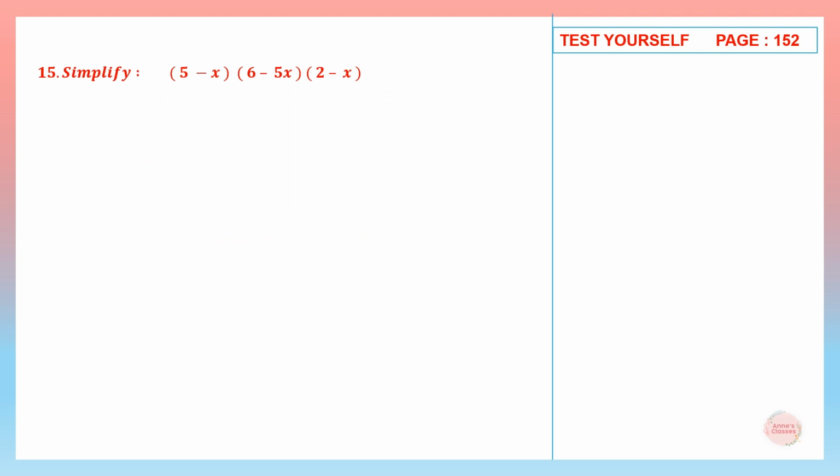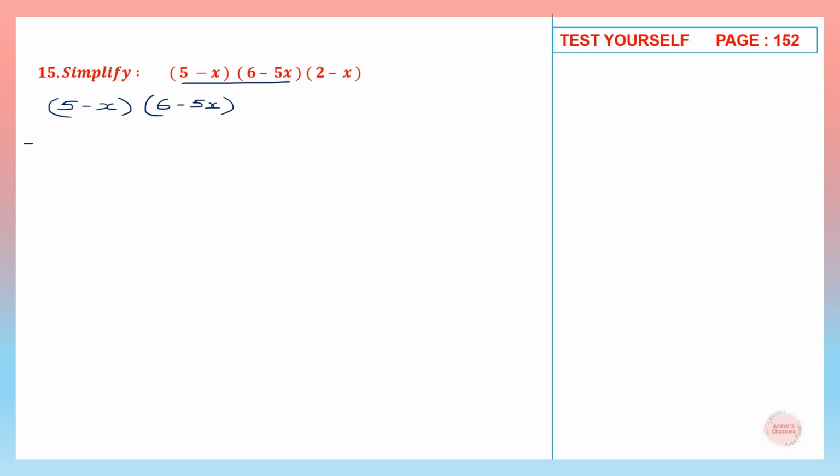Question 15. So here in question 15, we multiply the first two binomials, and with that answer we multiply the third one. So let's begin by multiplying these two. So that is (5 minus x) into (6 minus 5x).